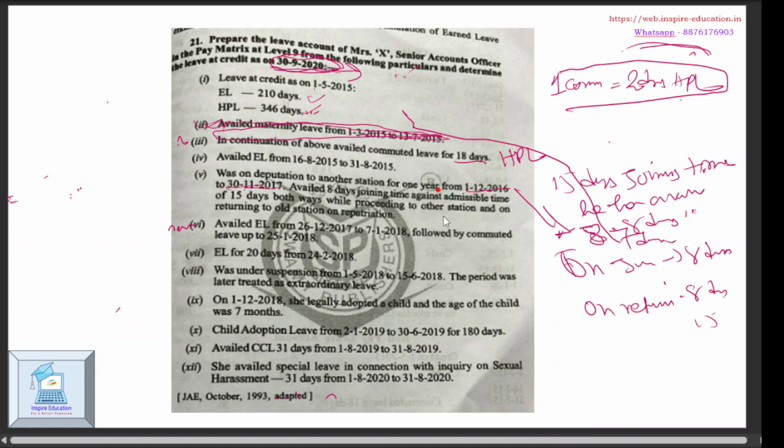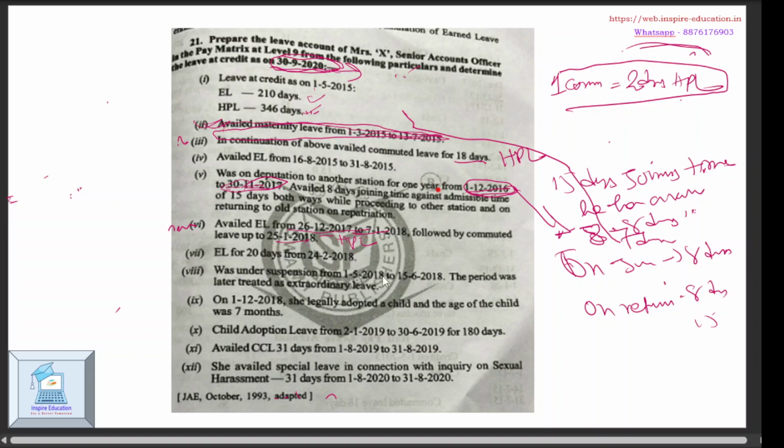So 7 days credit will be given both on December 2016 and December 2017. Next point is availed EL from this date and followed by commuted leave up to this. So it will have effect on EL account, and followed by commuted leave means it will affect the HPL account.